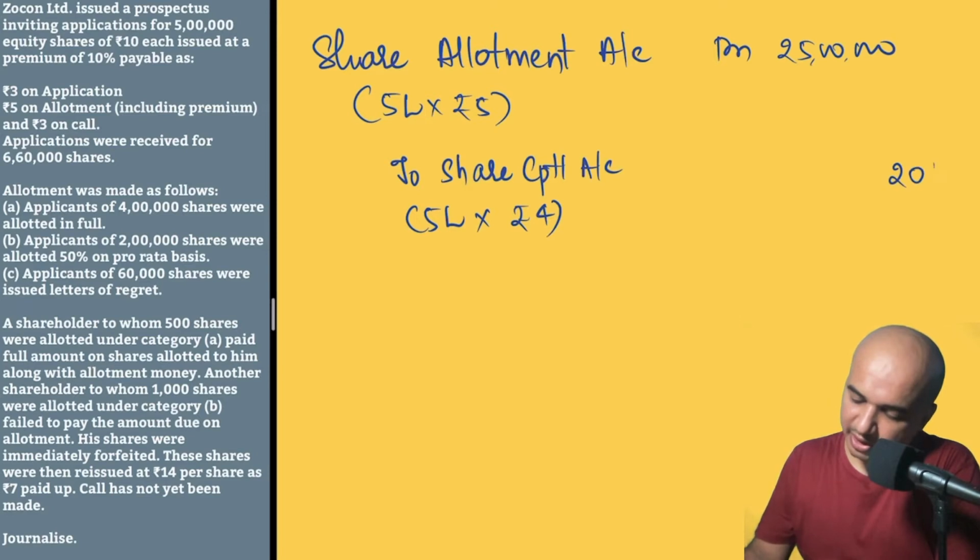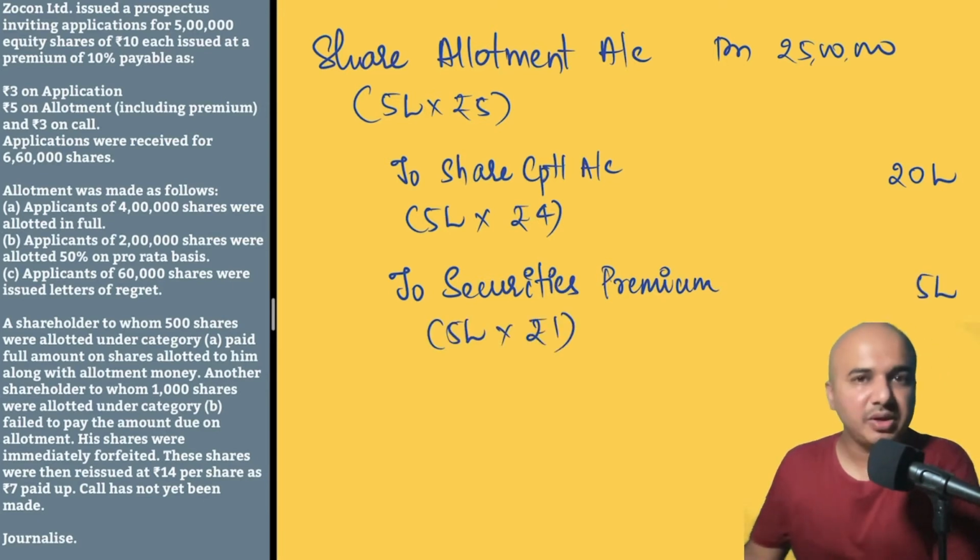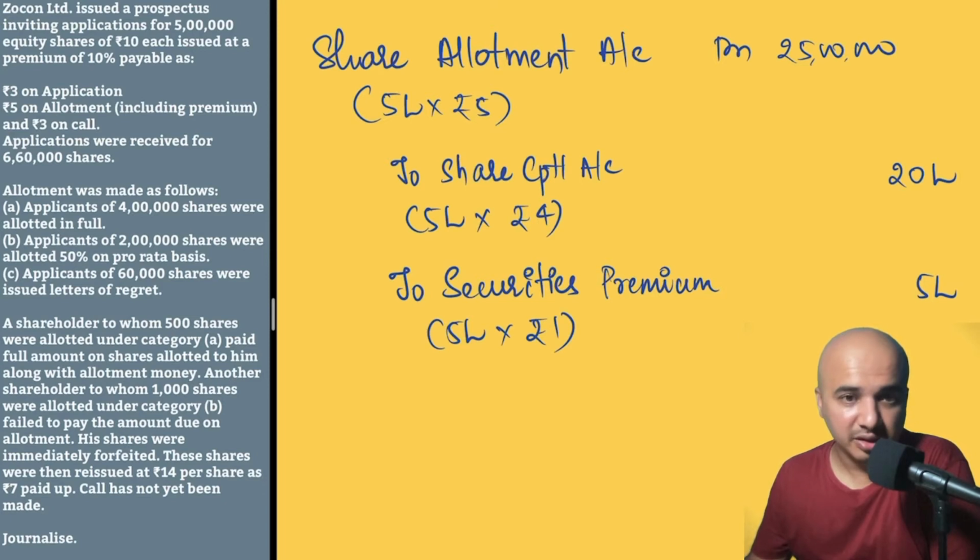So this will be 20 lakhs to securities premium, which will be 5 lakhs into rupee 1. That will be 5 lakh rupees itself. So this is the entry which we are supposed to pass. Share allotment account debit 25 lakhs to share capital 20 lakhs to securities premium 5 lakhs.